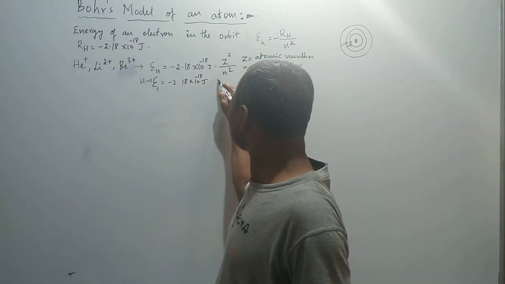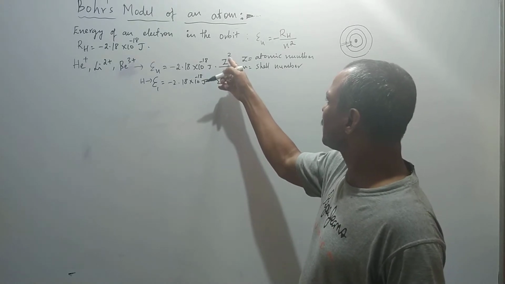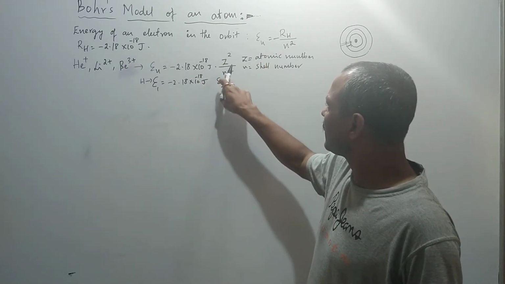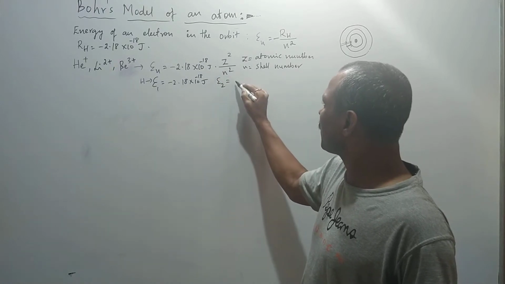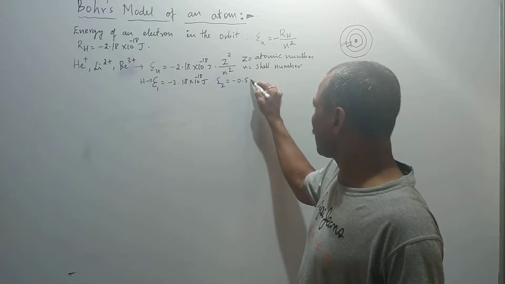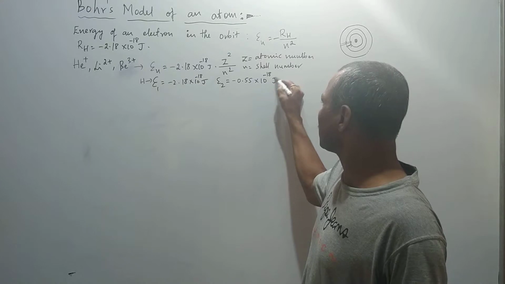But if it is 2, E2, the hydrogen atomic number is 1, n value is 2, so the value will become minus 0.545 into 10 to the power minus 18 joules.